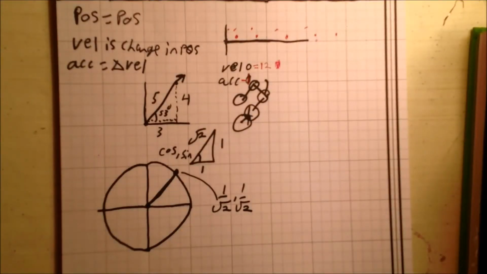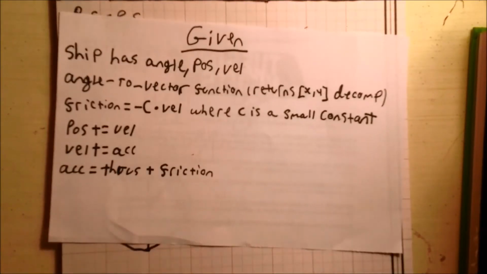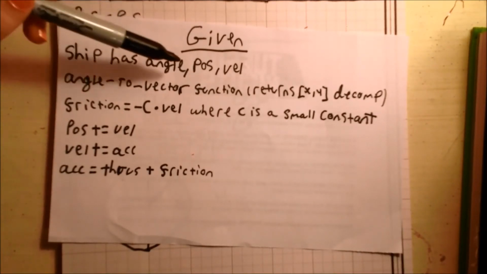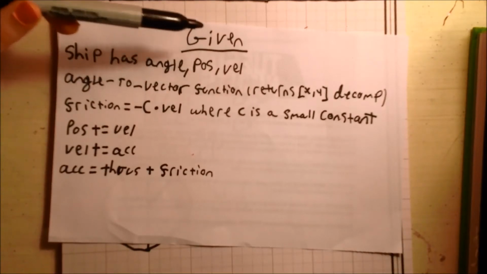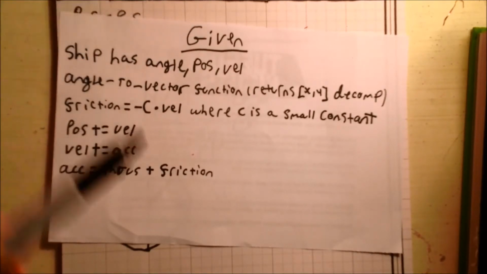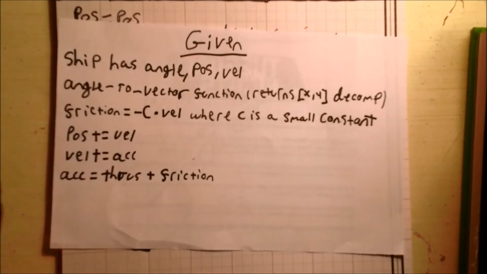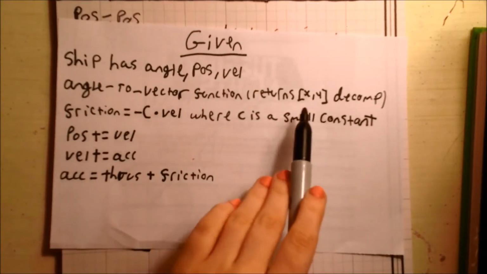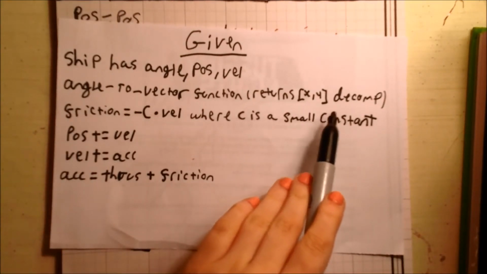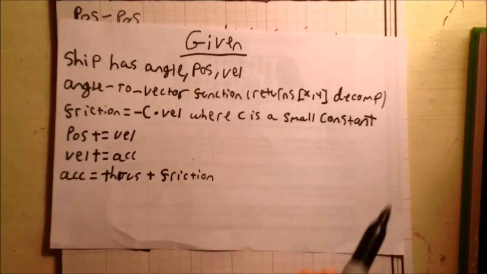How does that help us with the spaceship? Well, we need to remember what we're given. From various sources, we know that the ship has an angle, position, and velocity, among other things. And the template actually gives us a function that will change the angle into a list of an x and y components for us, and I'm going to call that decomposition.